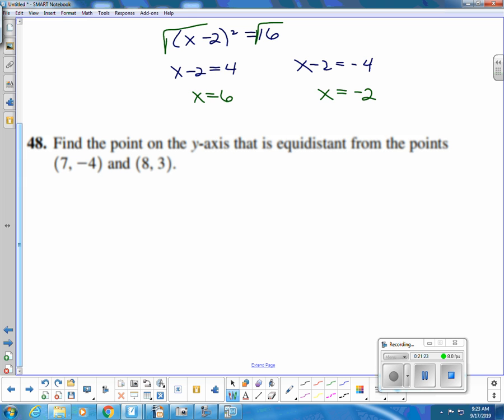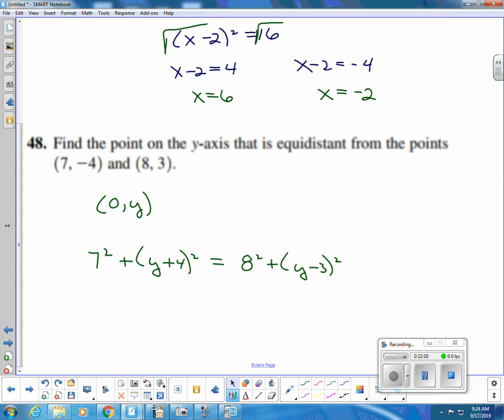Find the point on the y-axis. So the y-axis point is going to be a 0 for the x, and we're looking for this particular y. So it's very similar to the other one. We're finding the point that's an equal distance. So the distance from this point to (7, -4) is going to be the difference between the x's, which is 7, squared, plus the difference between the y's squared, equals, now you go on to the other point, the difference between the x's is an 8 over here squared plus (y minus 3) squared.